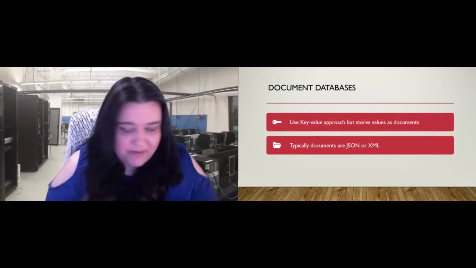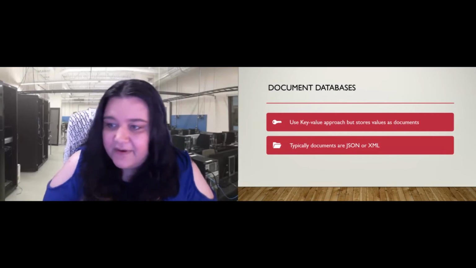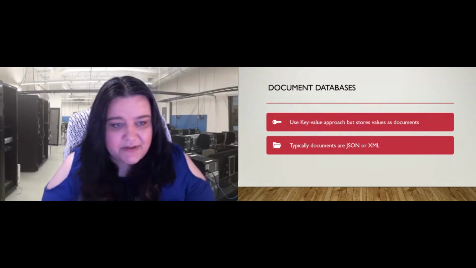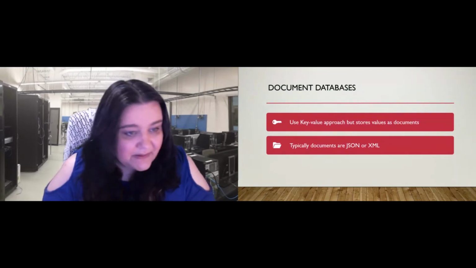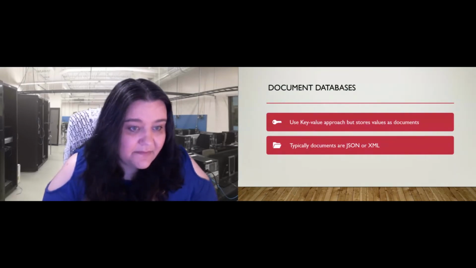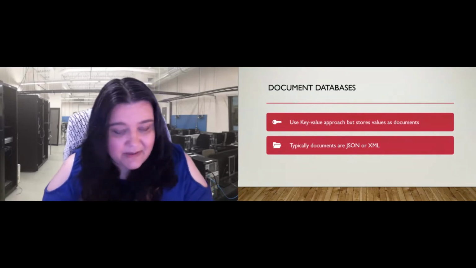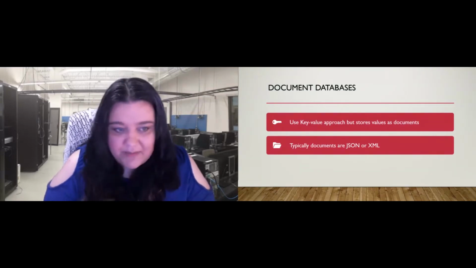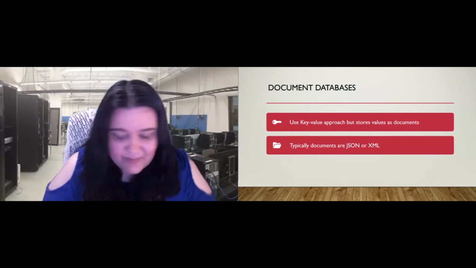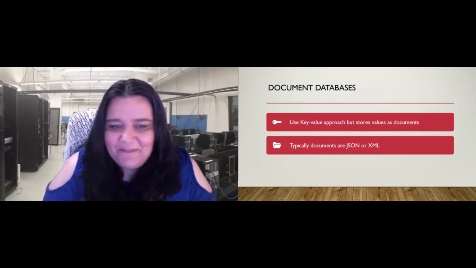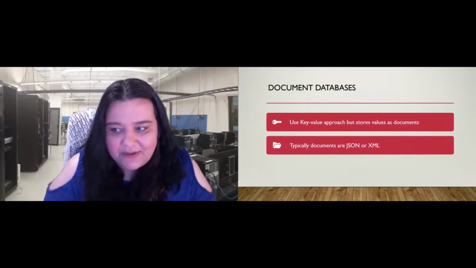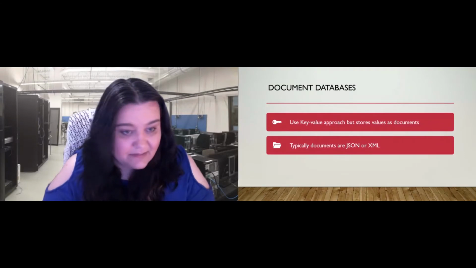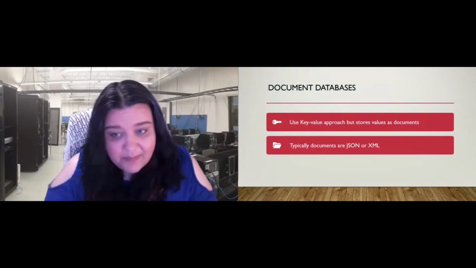So it's not a word processing file, but rather data structures stored as strings or representations of strings. So typically that is in the form of JSON or XML. So JSON, JavaScript object notation, and XML, extensible markup language. I focus mostly on JSON, and the examples that we're going to see are JSON, but some people feel more comfortable with XML, but they can be either one.